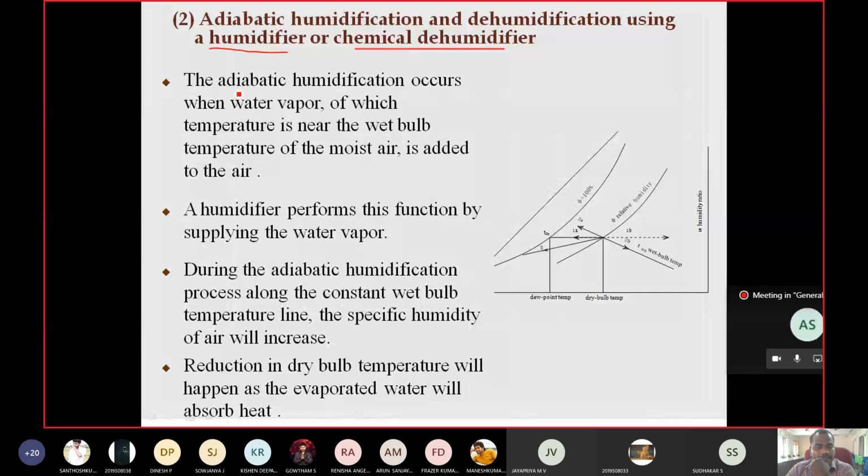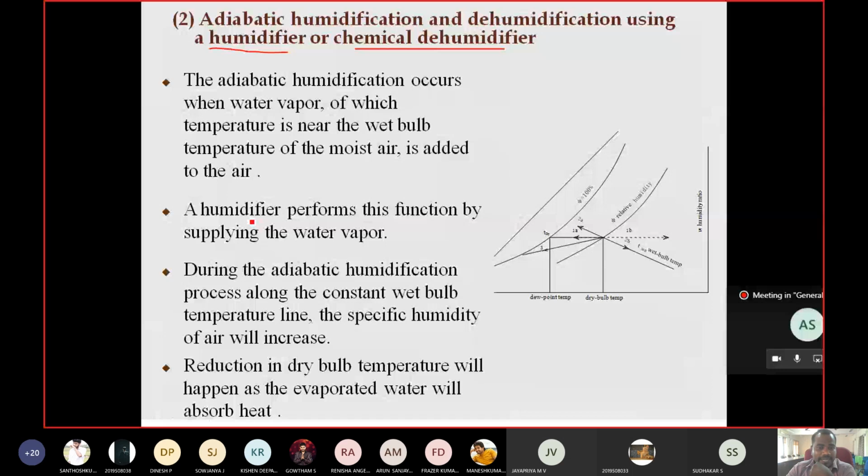Right, so adiabatic humidification occurs when water vapor, whose temperature is near the wet bulb temperature, is added to the air. The humidifier performs this function by supplying the water vapor.